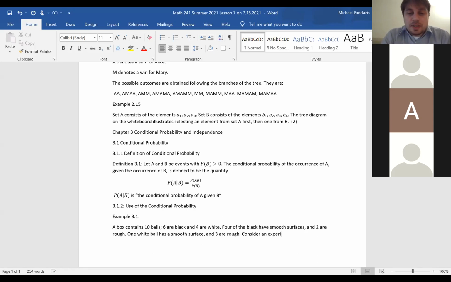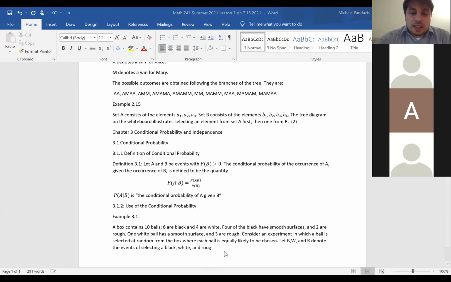Consider an experiment in which a ball is selected at random from the box, where each ball is equally likely to be chosen. Let B, W, and R denote the events of selecting a black, white, and rough ball, respectively.